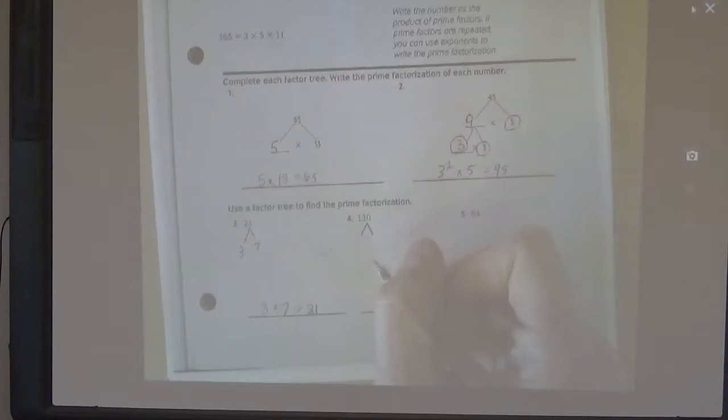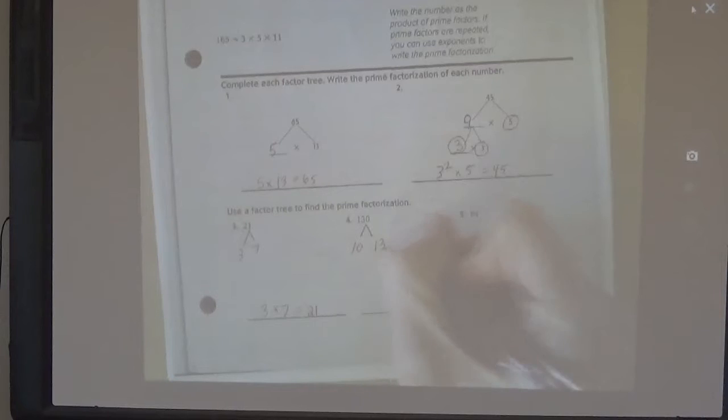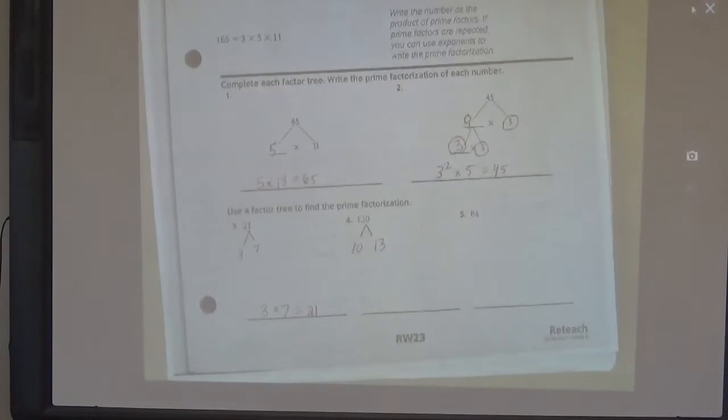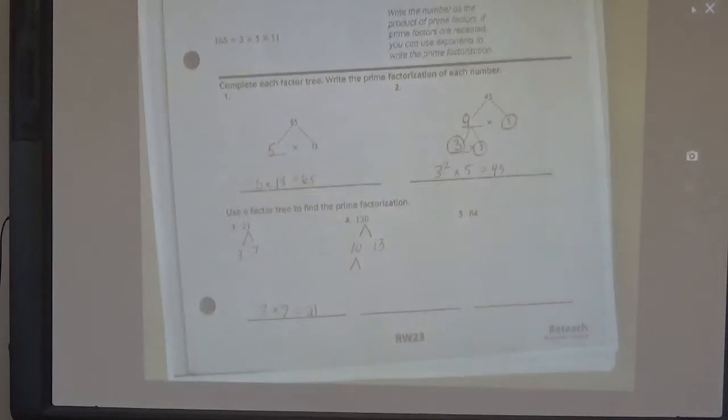Olivia? 10. 10 times what? 13. 10 times 13. Now, you might have started with 5 if you wanted, or 2. There are multiple ways to do it, but you should end up with the same numbers at the bottom.